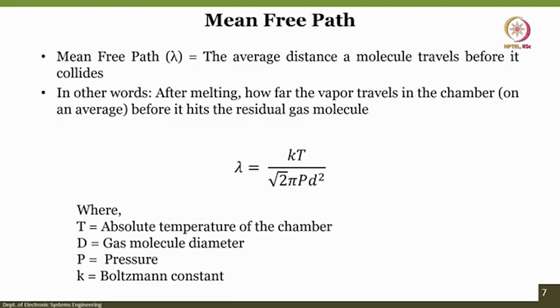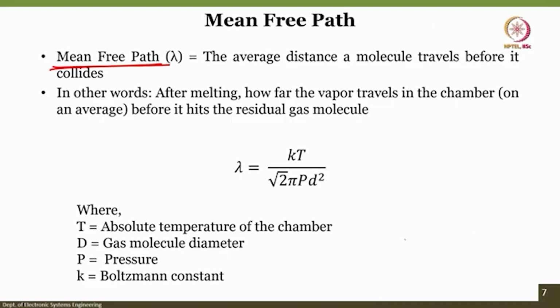Now a very important thing that comes up when we are depositing a film using this evaporation technique is called the mean free path. Here the mean free path is given by lambda, and the mean free path lambda is nothing but the average distance a molecule travels before it collides.